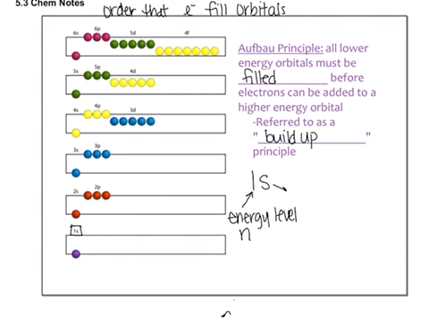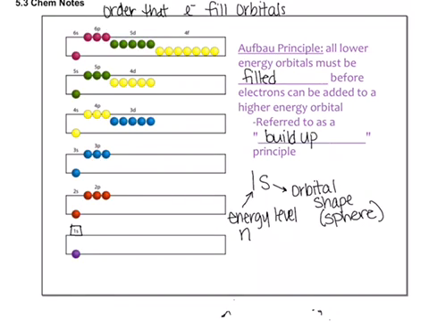The S represents your orbital, and specifically it represents the orbital shape. So remember, the S is a sphere, and P is that dumbbell shape. And then we have the D's and F's, which are a little bit more complex.